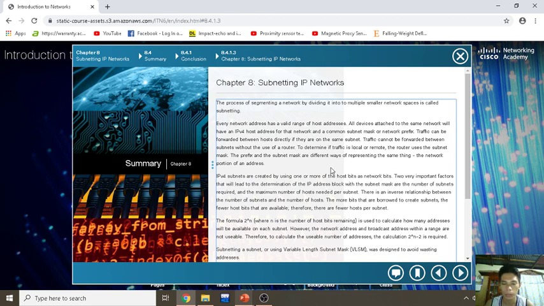To get the prefix, count all the number ones in the binary form, like 10111111. You count them and total them, and you will get the prefix.